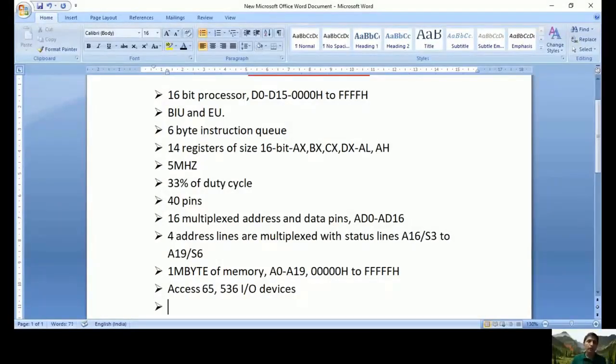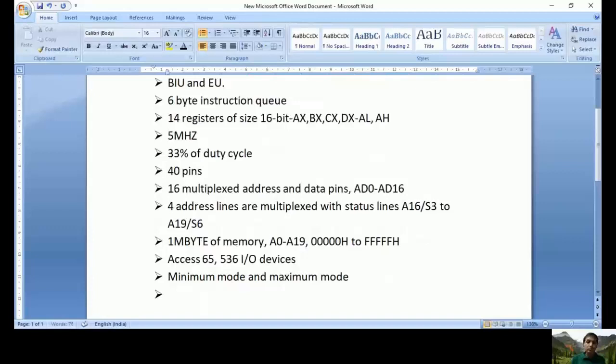Then again, the 8086 operates in 2 modes: minimum mode and maximum mode. In minimum mode, all control signals are generated by the processor only. For example, if I need pure address lines and pure data lines, I need some control signals, and in minimum mode all those signals are generated by the processor. Whereas in maximum mode, all control signals are generated by an external bus controller, a separate IC.